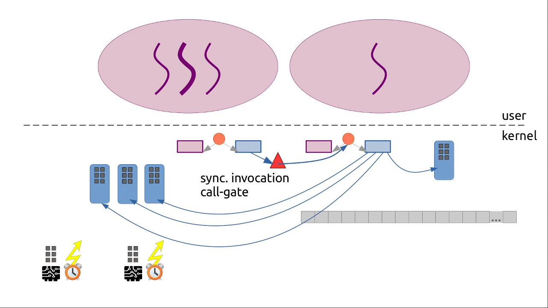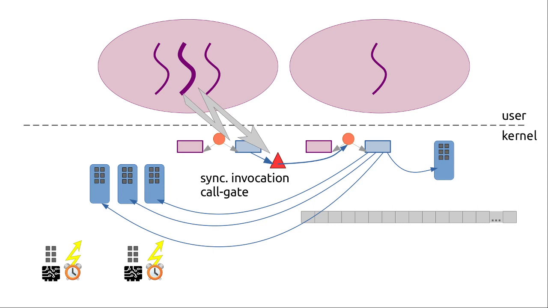Well, very simply, we create a synchronous invocation call gate resource within the kernel. And if you have a capability that references one of these, as the component on the left does, then you can actually make a system call specifying that capability and activate the synchronous invocation call gate.